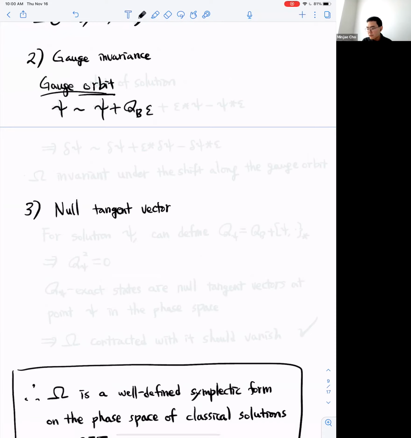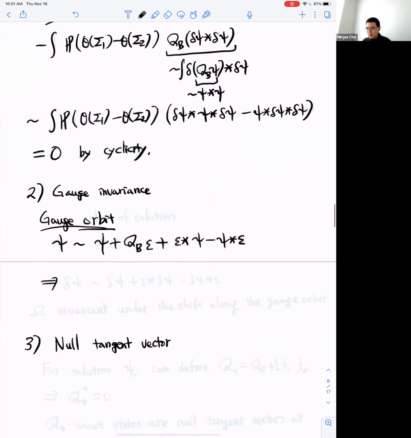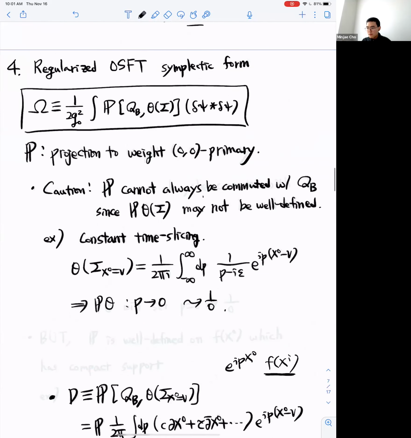It is gauge equivalent to other solutions related in this manner, where epsilon is a gauge parameter, a Grassmann number 0 open string field. In order to show that the symplectic form defined in this way is independent of the choice of the representative along the gauge orbit, we basically want to consider this delta psi, how it shifts as you go along the gauge orbit.